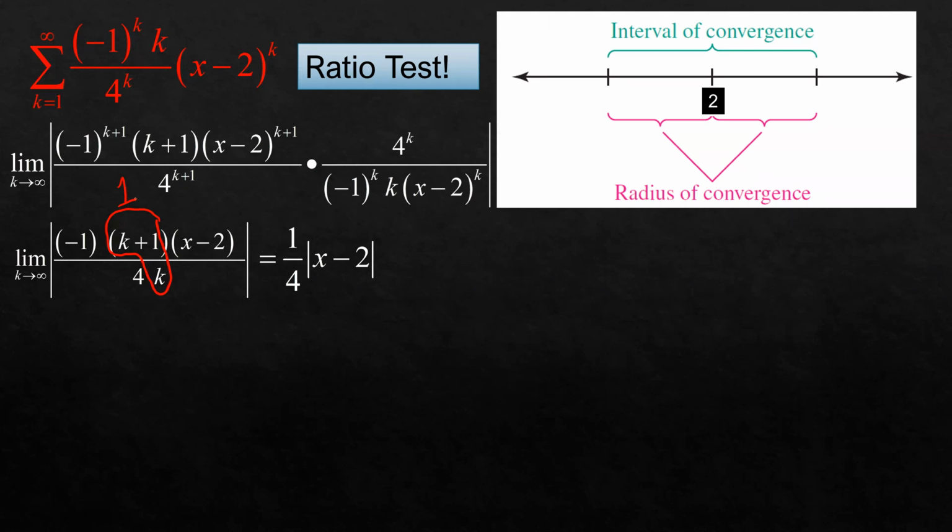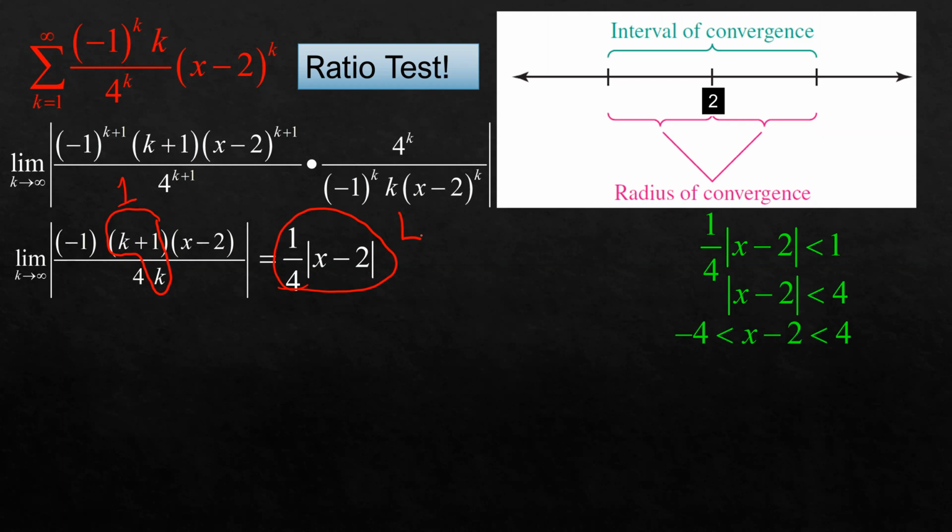The ratio test says that the series will converge if this, which is our limit L, is less than 1, in between 0 and 1. That means that the absolute value of x minus 2 is going to have to be less than 4.